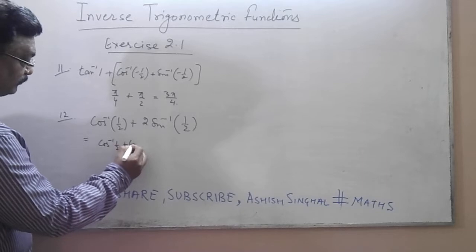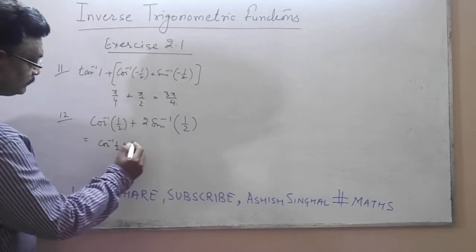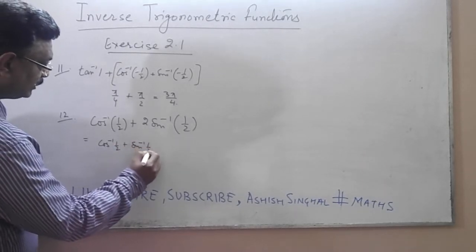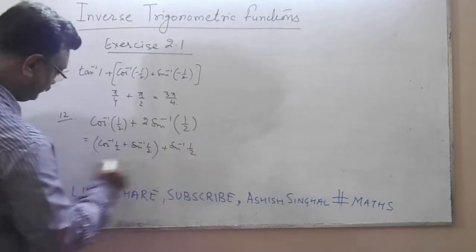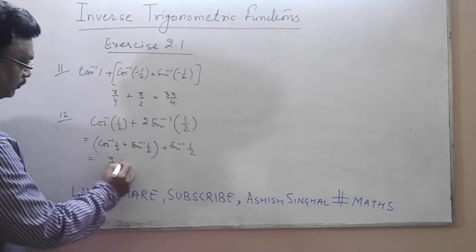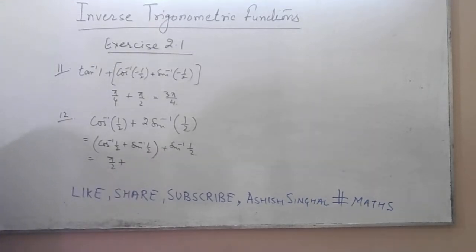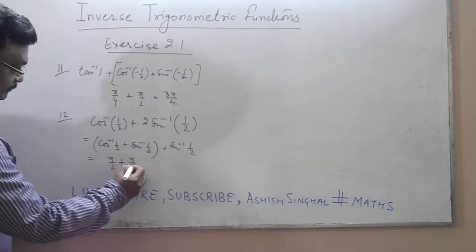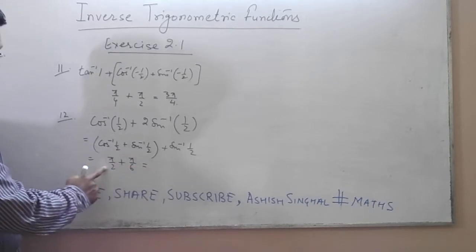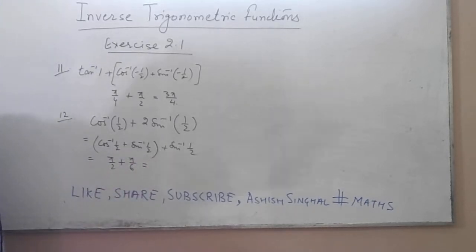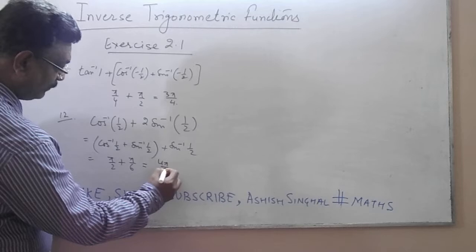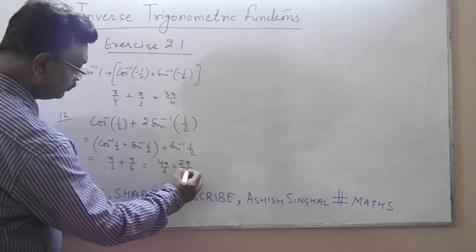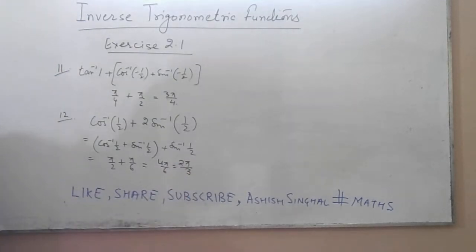Cos inverse half plus sin inverse half plus sin inverse half. So this is pi by 2 and sin inverse half is pi by 6. So pi by 2 plus pi by 6 gives us 4 pi by 6, which is equal to 2 pi by 3.